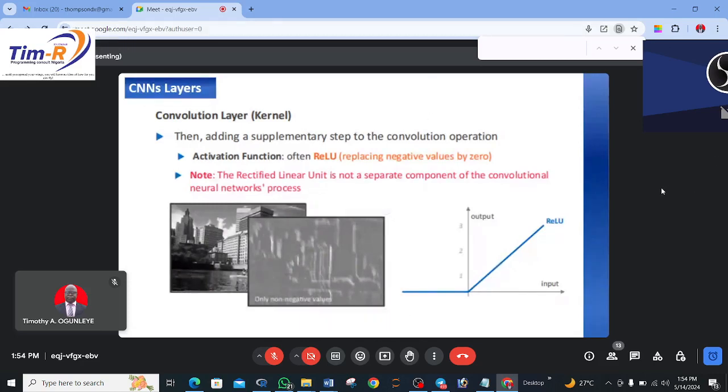It turns any negative value to 0, and the other ones can be any other value. We should note that the rectified linear unit is not a separate component of the convolutional neural network process. They are always together.